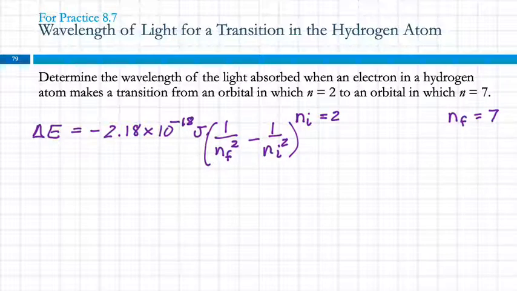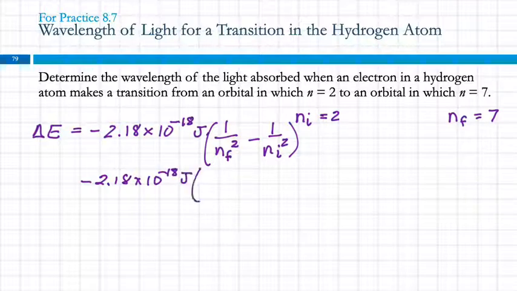If you get the final and the initial reversed, all that happens is the sign is opposite, and so you can fix that. Minus 2.18 times 10 to the minus 18 joules, times 1 over 7 squared minus 1 over 2 squared.